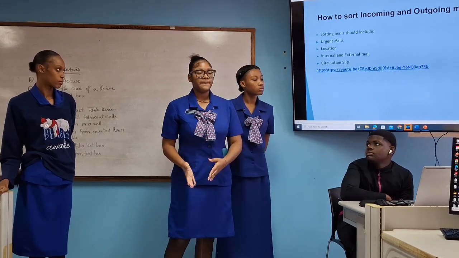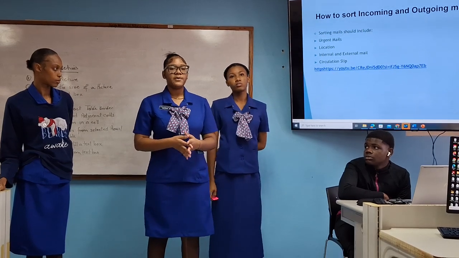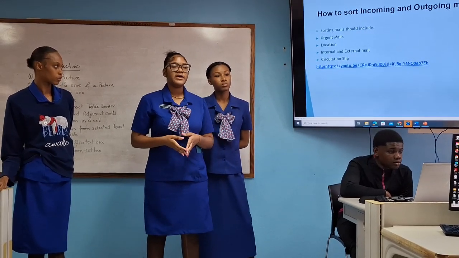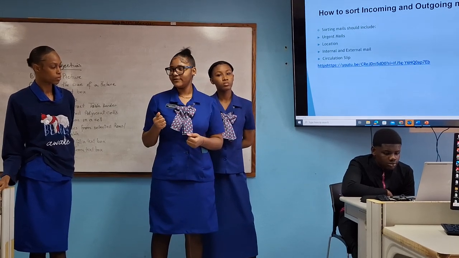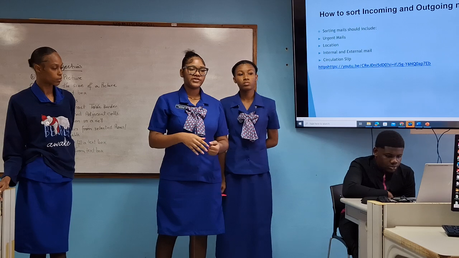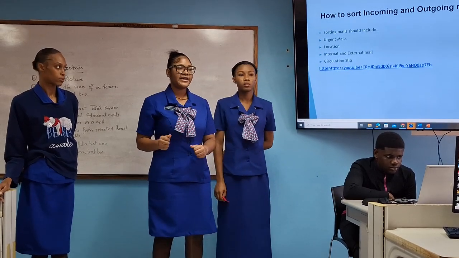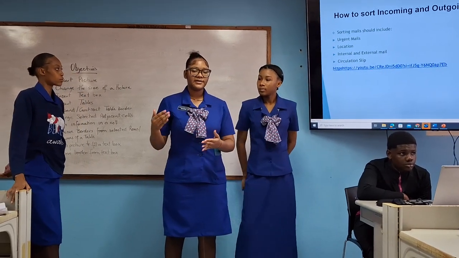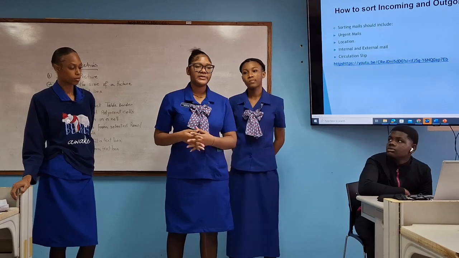Location. So this is basically speaking on outgoing meals. So when the post office is sending out meals, they can categorize based on the location, based on the address that the mail should be sent to.